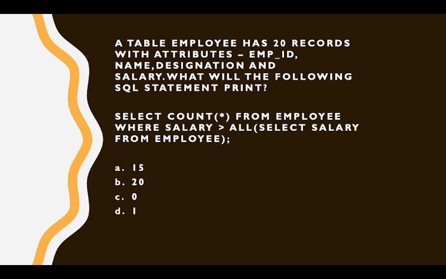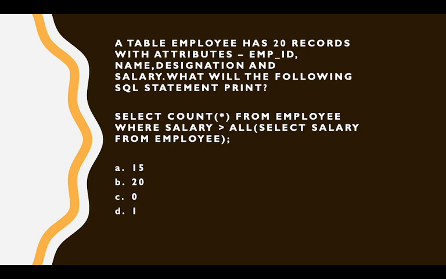So our statement is select count star. Count star is basically used to consider all the null values as well. So select count star from employee where salary is greater than all. Then we have a subquery which says select salary from employee.